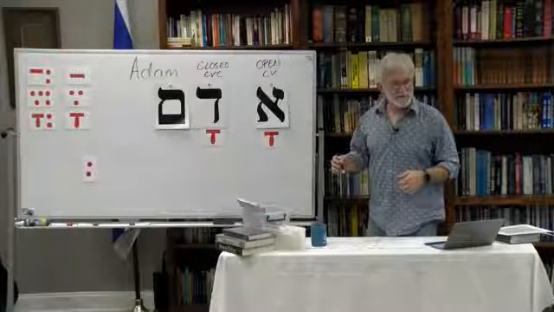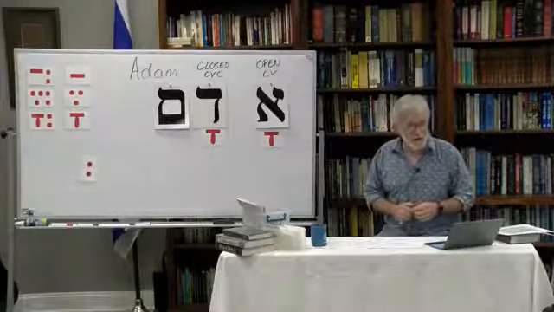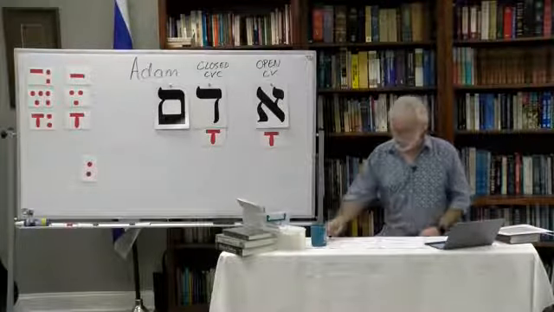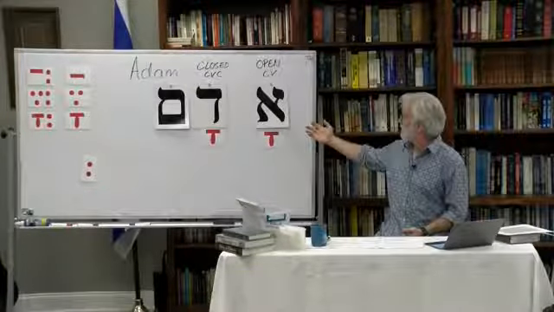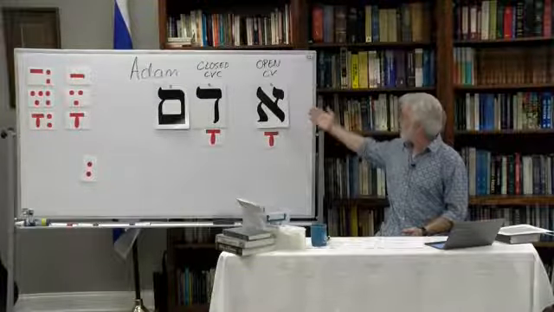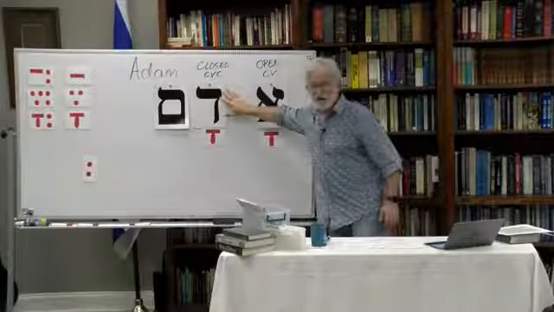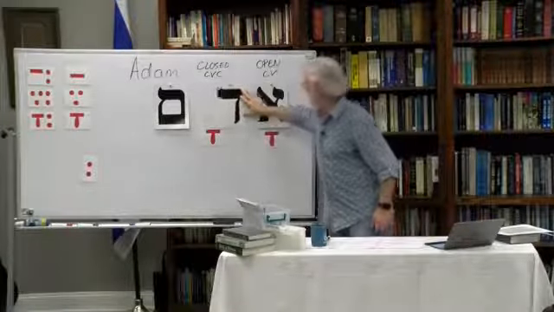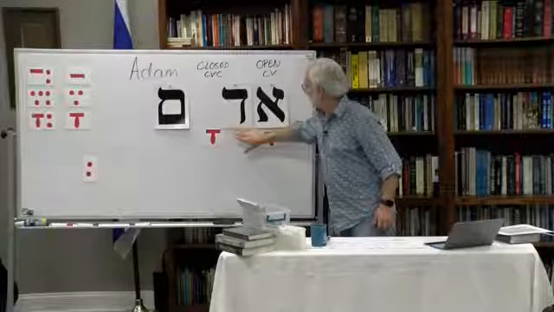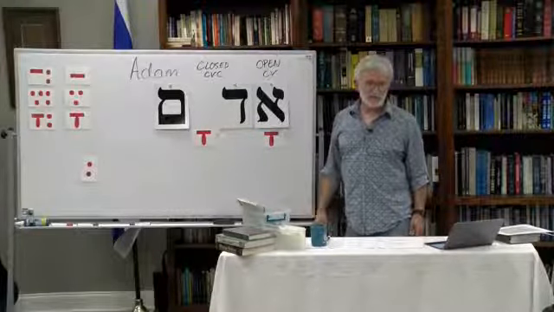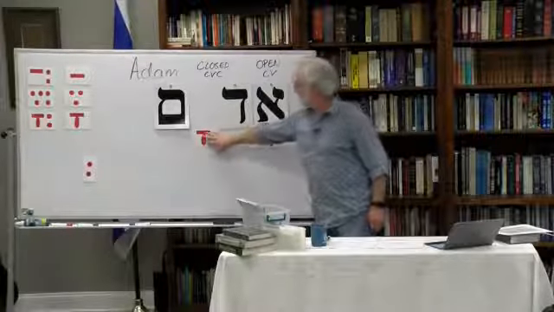In other words, could the word be ad-am? Well, based on what I've just told you, that we have to begin with a consonant followed by a vowel. If I did it like this, and this is not grammatically possible, but just to illustrate it, if I said odd, that's not possible, okay? Because you can't begin with the vowel sound.